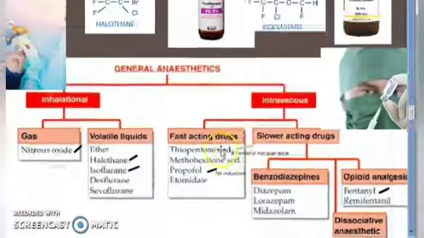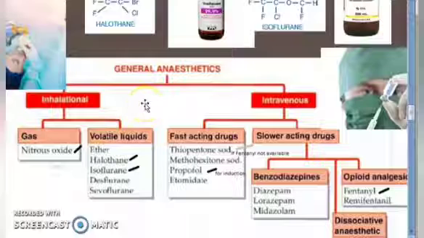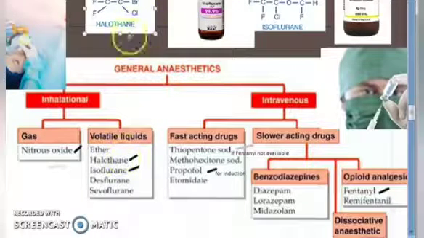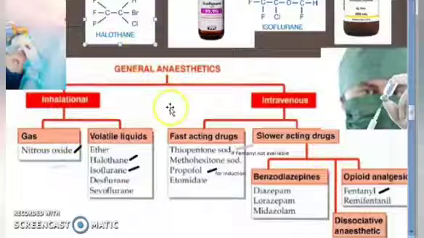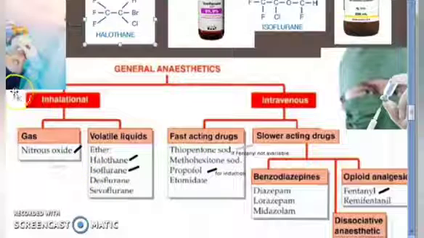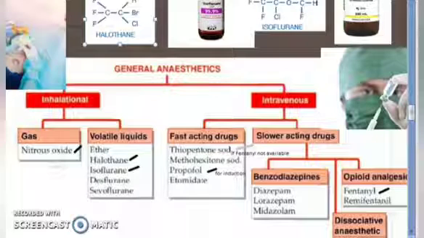You know that nitrous oxide is given along with oxygen. Ether is not used unless there is nothing else. Halothane, we just read about it. It has a lot of adverse effects like hypotension, hepatotoxicity, respiratory depression, hyperthermia, etc. Halothane is not as safe as nitrous oxide.